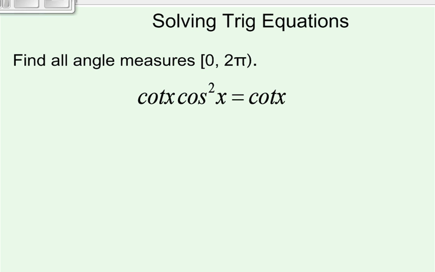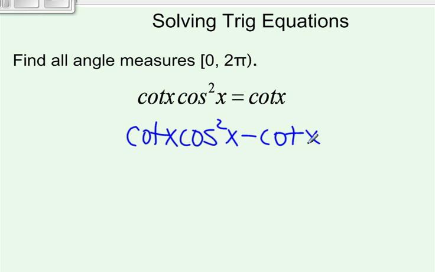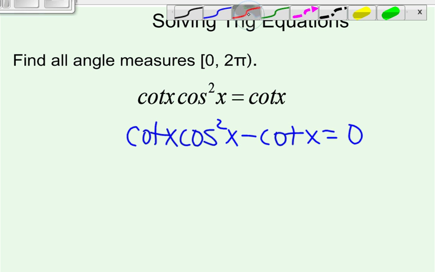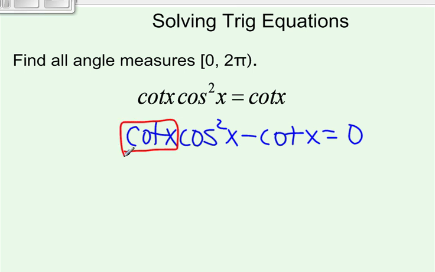Okay, so this is where you're tempted probably to divide out a cotangent. You will lose values if you divide out the cotangent. You cannot do that. You need to put everything on the same side. So we're going to have cotangent of x cosine squared of x minus cotangent of x equals 0. And I'm looking at this and I'm seeing, well, they both have cotangent.